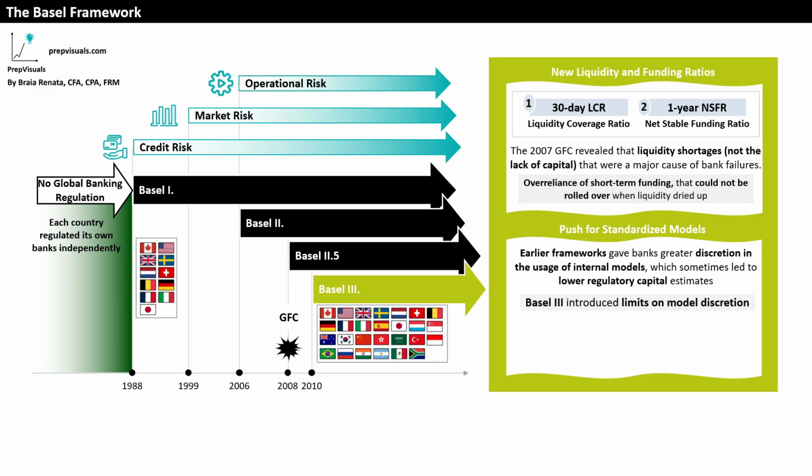Basel III therefore introduced limits on model discretion by defining regulatory capital using the formula over here. As you can observe, it is either the capital estimated using a standardized model or 72.5% of the capital estimated using internal models, whichever is greater.